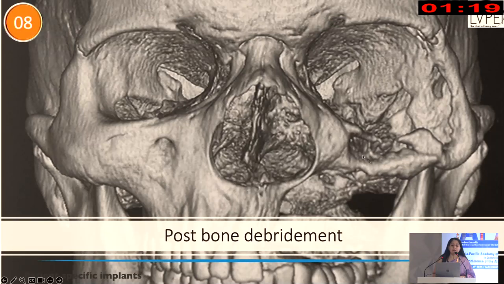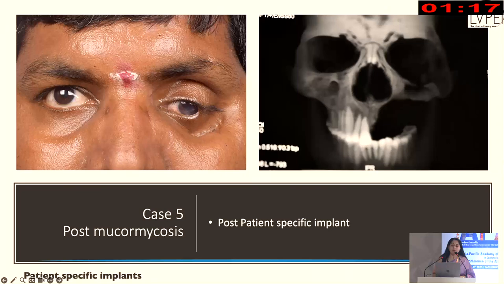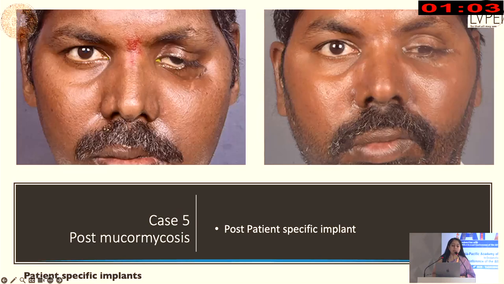And this is how his bony skeleton looked, and he was dependent on this tarsorrhaphy because there was now no support for the eyeball inferiorly, since we had debrided this bone. We were not able to release the tarsorrhaphy, and he was very keen to have his orbital aperture normalized. And 5 years after his debridement, we planned a patient-specific implant, and this is how his implant sits.